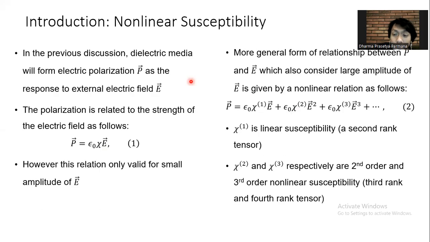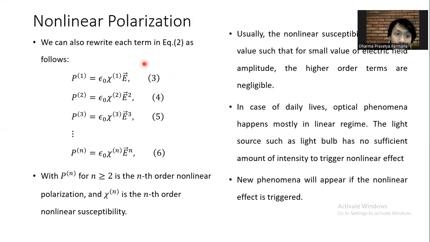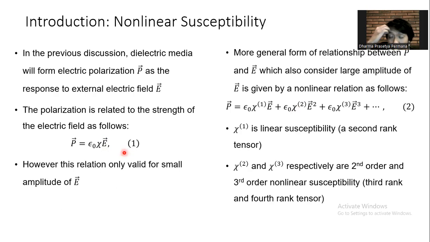We can also rewrite equation number 2 in terms of the nonlinear polarization like this. We can express them as equations 3 to 6, and equation number 6 is the nth order of the nonlinear polarization. Basically this is just a power series expansion, but when we talk about nonlinear optics, especially in guided media such as waveguides, we only talk up to the third order nonlinear susceptibility.